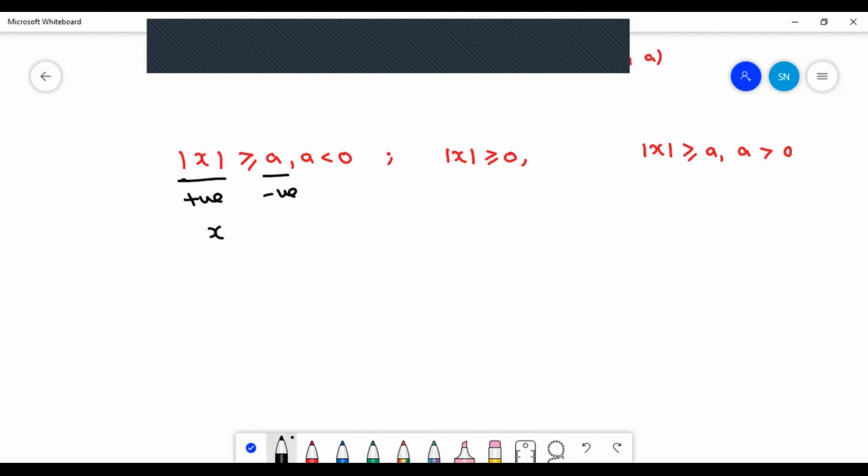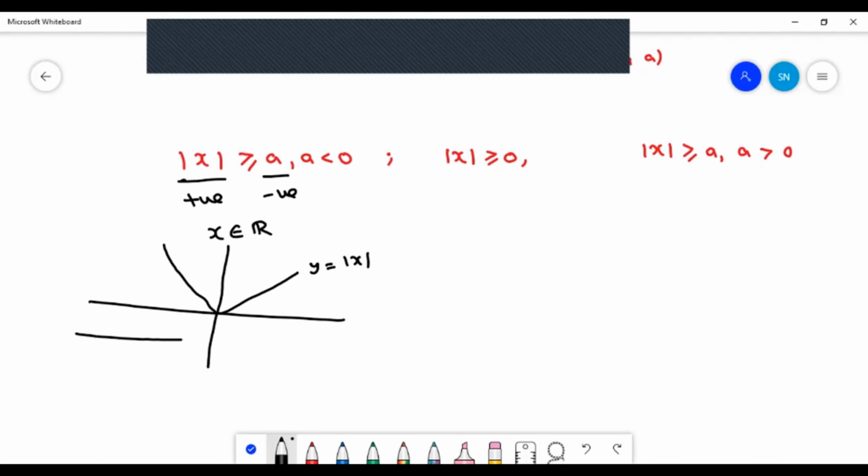So what is the solution? x belongs to R. If you want to see it graphically, using the graph of y equal to modulus of x and y equal to a, you collect the values of x at which mod x is more than y equal to a.